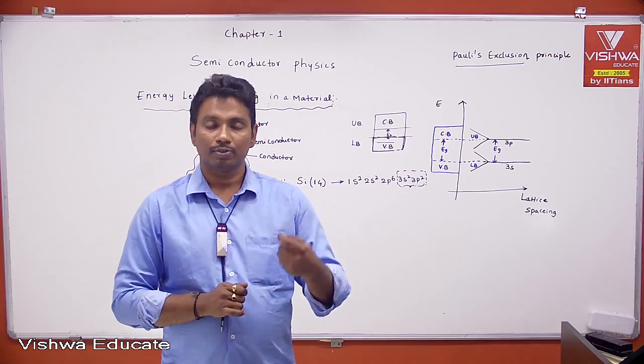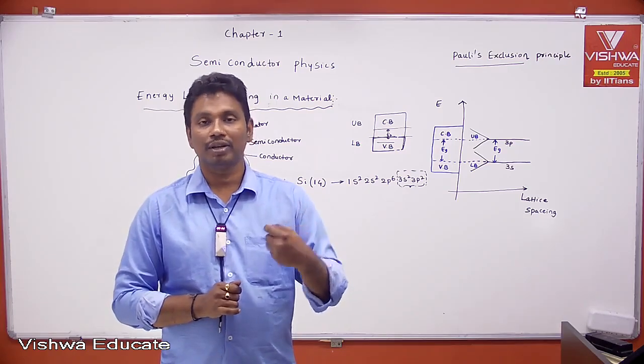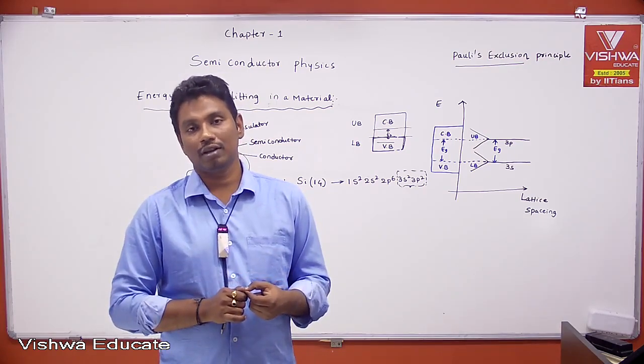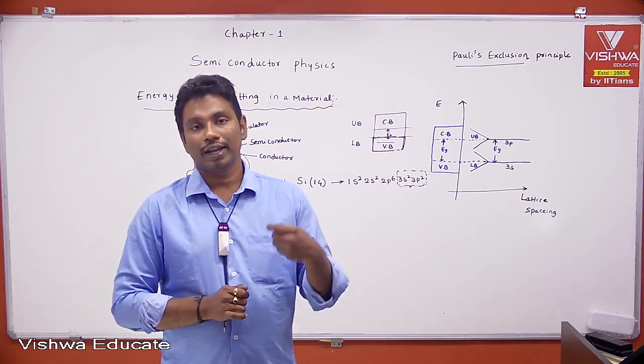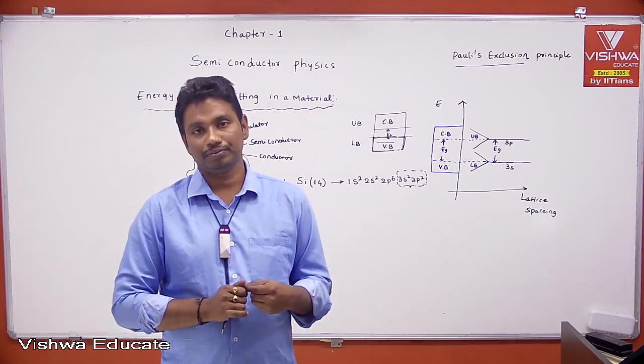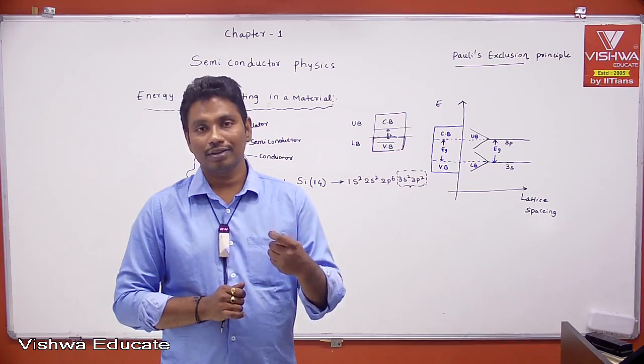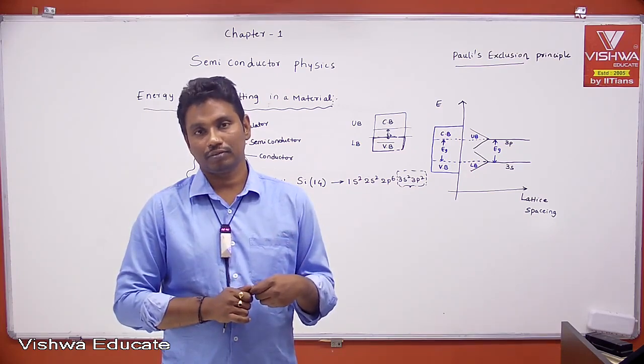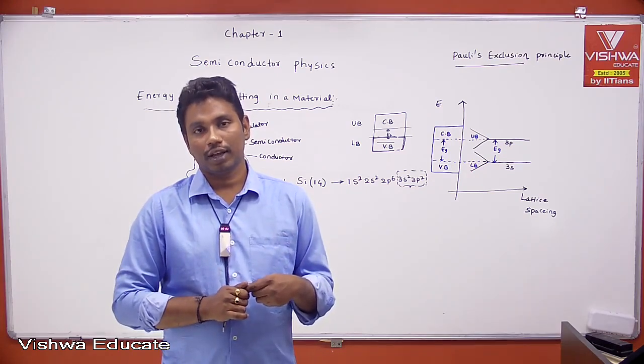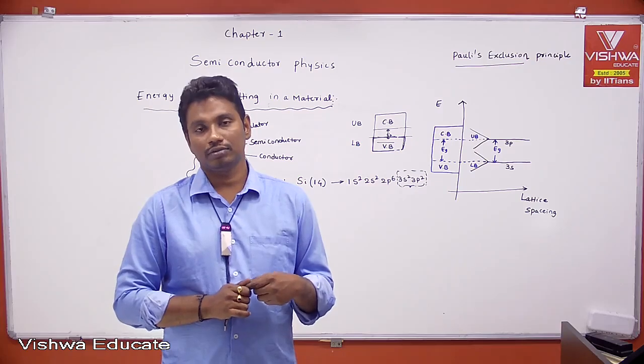Next point. The electrons in the 3s orbital can have the same energy, and electrons in the 3p orbital can have the same energy.